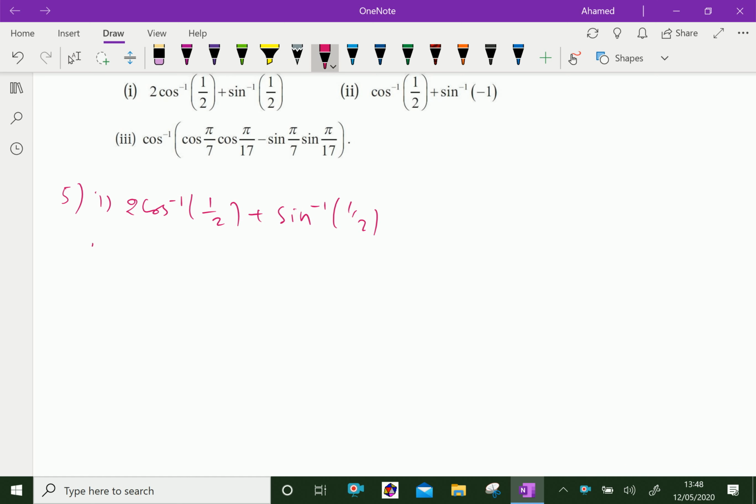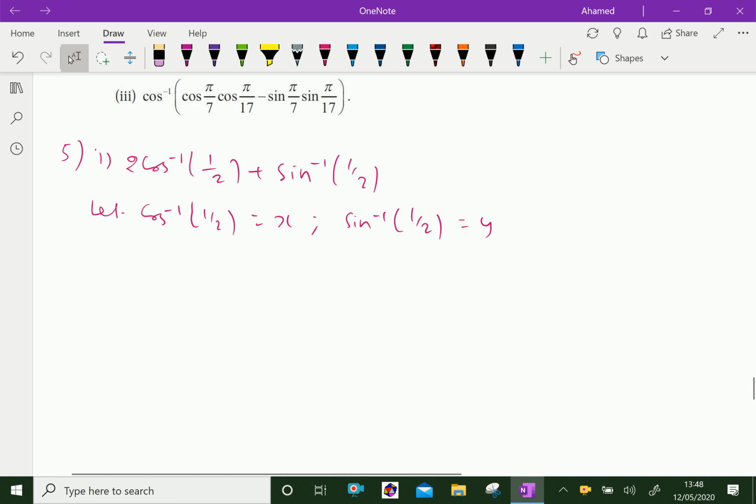Let cos inverse half equal to x and sin inverse half equal to y. First, cos x equal half, which is equal to cos pi by 3.